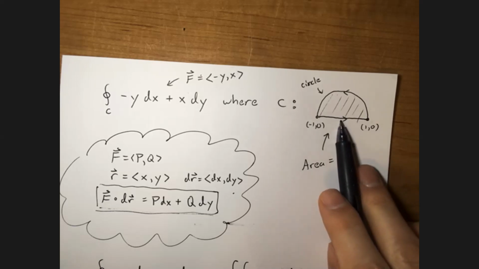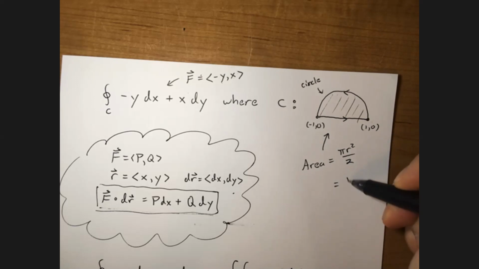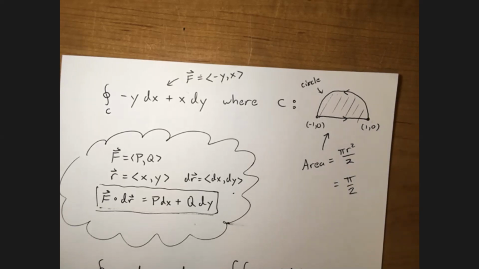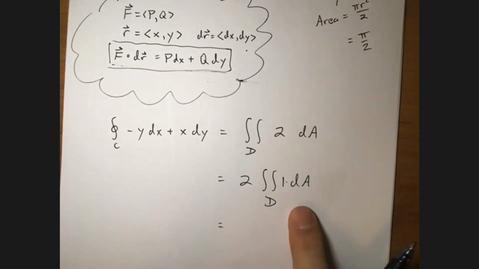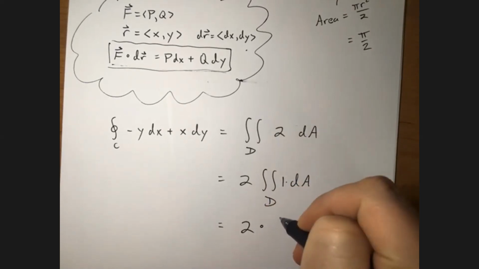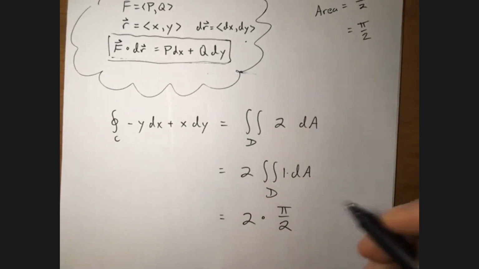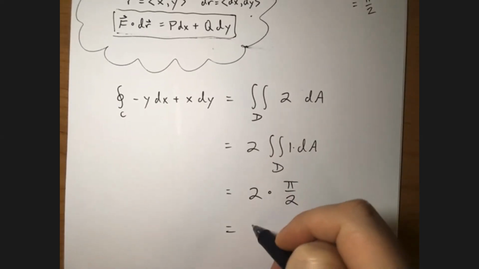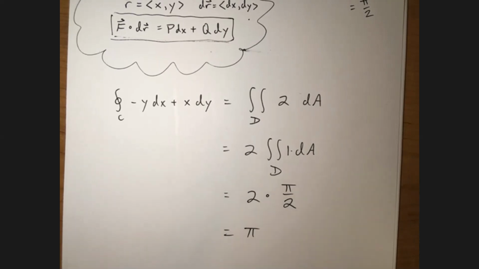This is a circle of radius 1, so the area is really just pi over 2. That makes this super simple, because this is just 2 times pi over 2. So the answer is pi. That one was super, super nice.